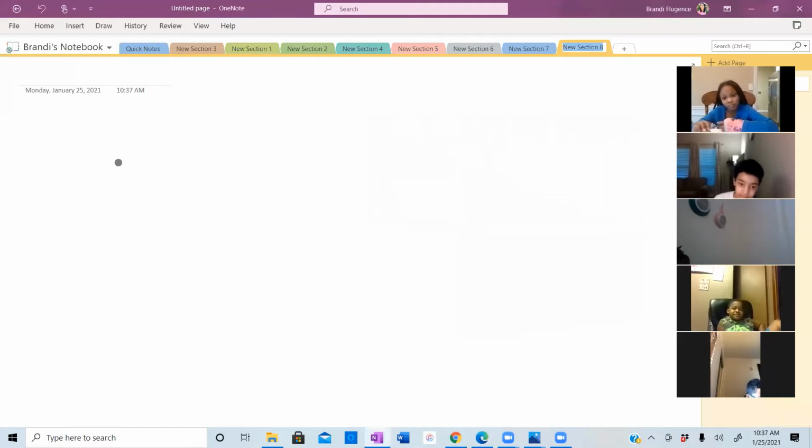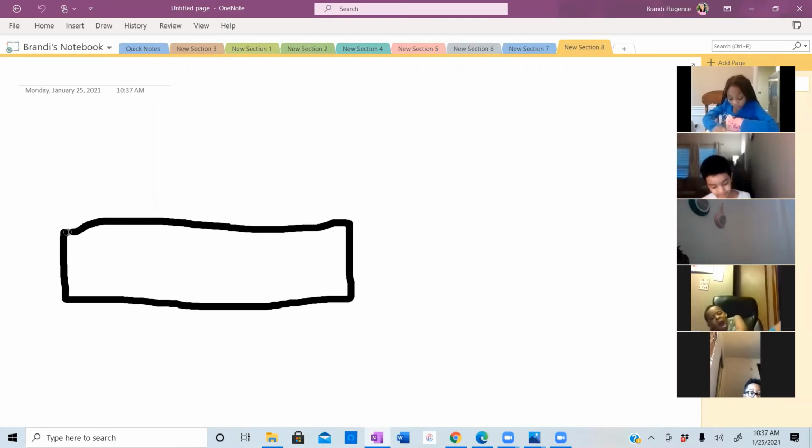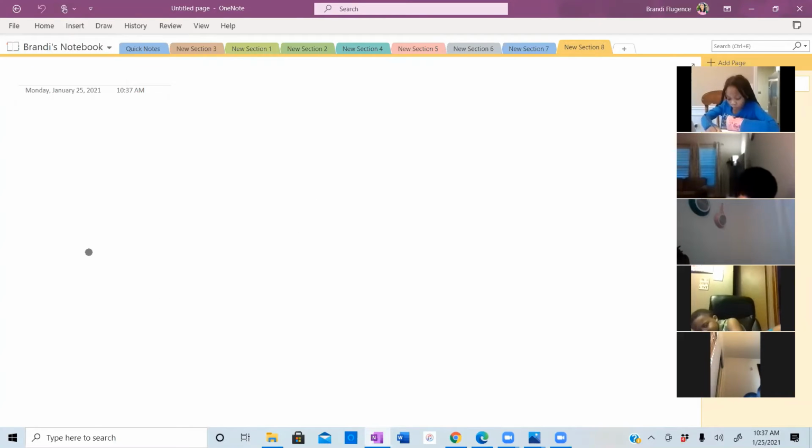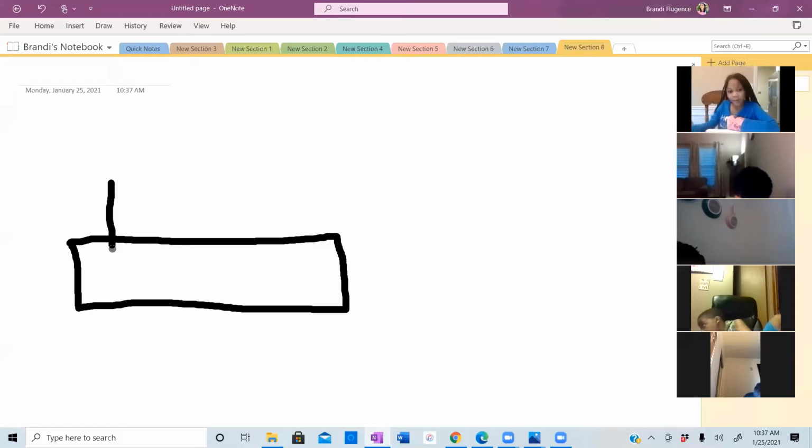So this one is similar to how we drew the cube, except now we're doing it with rectangles, okay? So the cube we did with squares. This one we'll do with a rectangle. So you draw your 2 rectangles first, like how we did with the square, the cubes. Make some space.